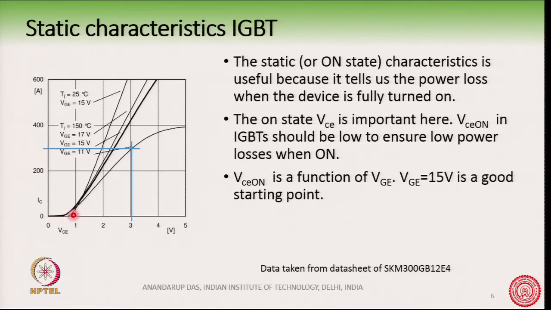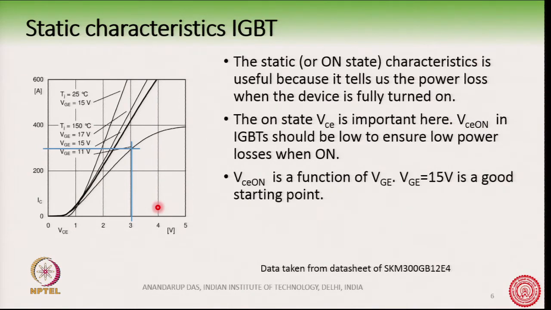Initially the device is turned off, so there is no current flowing and VCE is 0. When the device has been fully turned on and it is conducting current, then you can see that across the collector emitter terminals of the IGBT, there is a voltage drop, and this voltage drop is a function of IC. That means, when IC is changing, VCE is also changing.